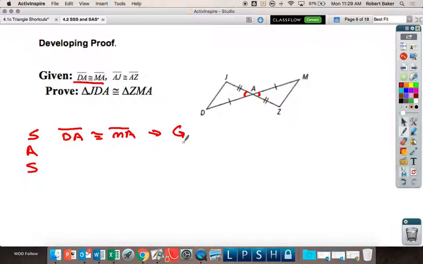Angle A. Why are those two angles congruent? Vertical. So you write the reason is vertical angles. Do we have another side that's congruent? AJ.